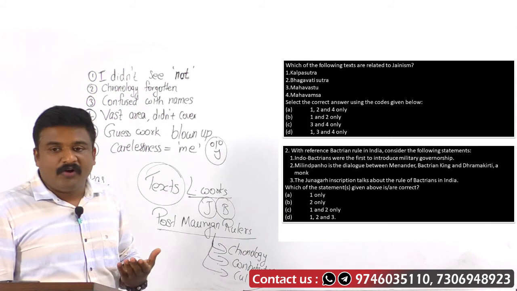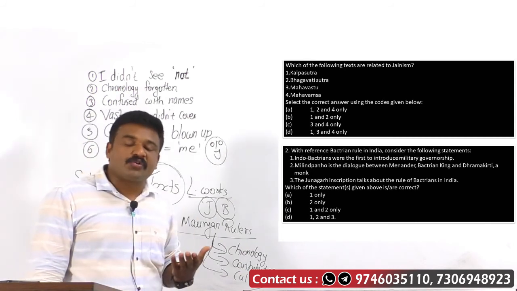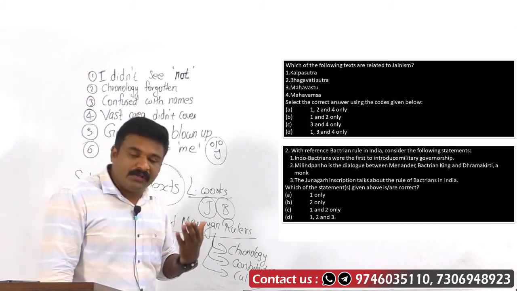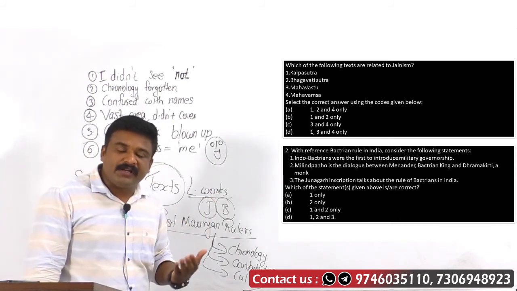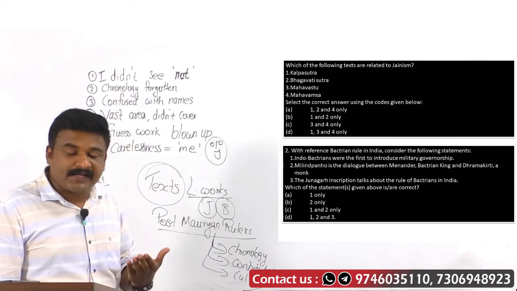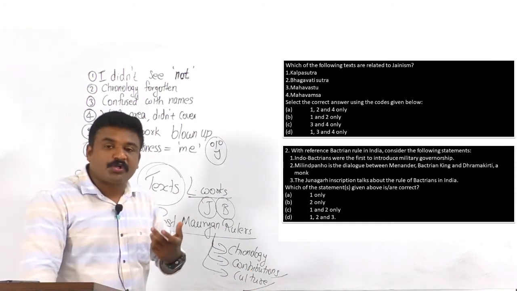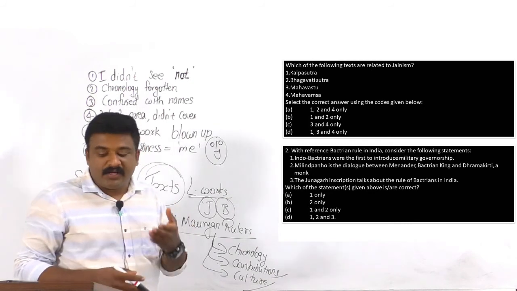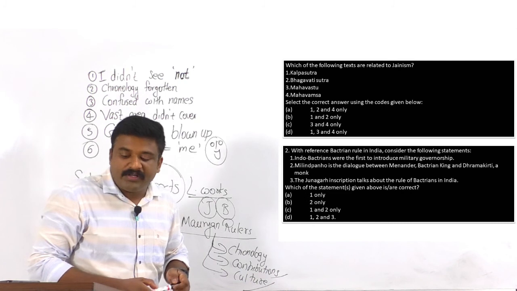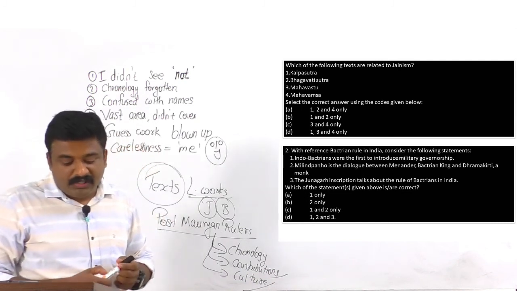Rudradaman is also known for issuing Sanskrit inscriptions. His Junagadh inscription is notable because even though he was a foreigner, he studied Sanskrit and issued his inscriptions in pure Sanskrit. That is the Junagadh inscription related to the Shaka ruler Rudradaman. So the third statement is wrong, the second statement is wrong. One only is your answer.